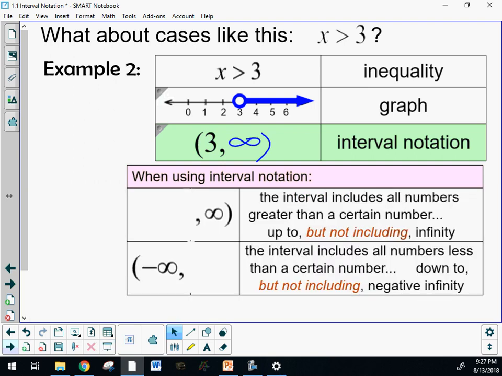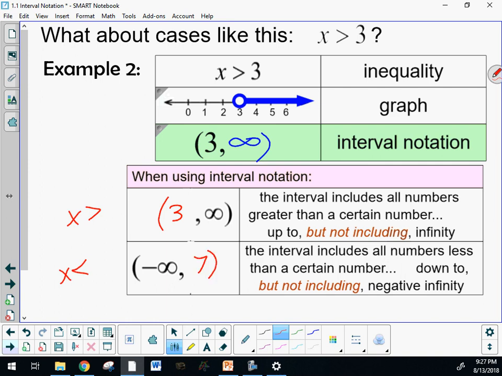So when you're using interval notation, you can use infinity both positive and negative depending on what your interval is. You would say it's from a number up to infinity if x is greater than a number. If x is less than a number, you would say it's from -infinity up to that number, whatever it is.